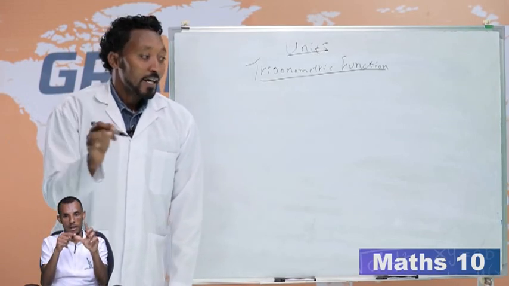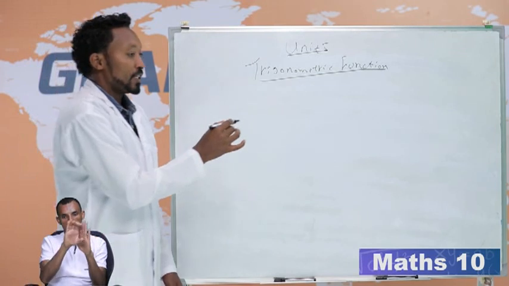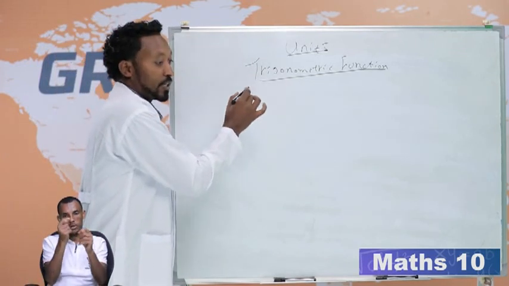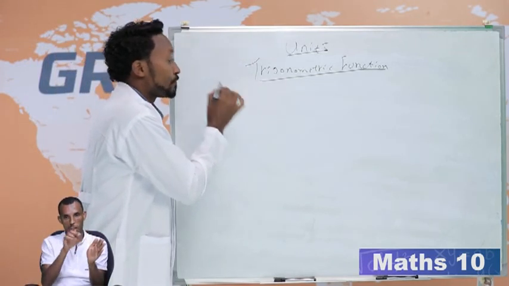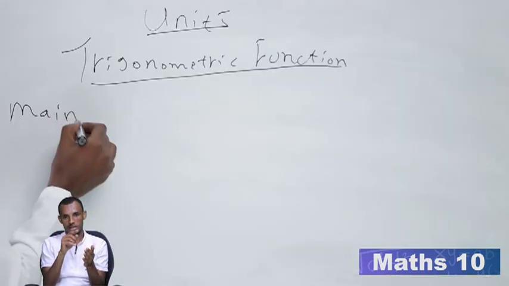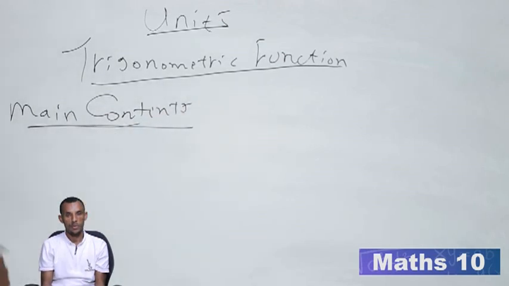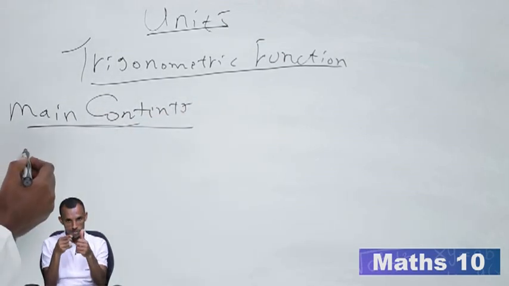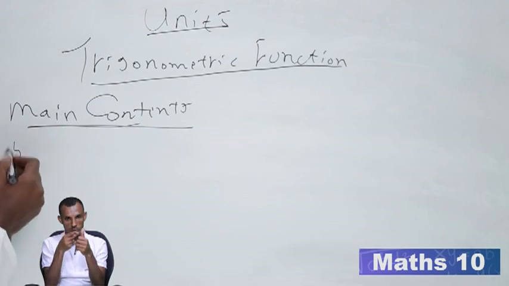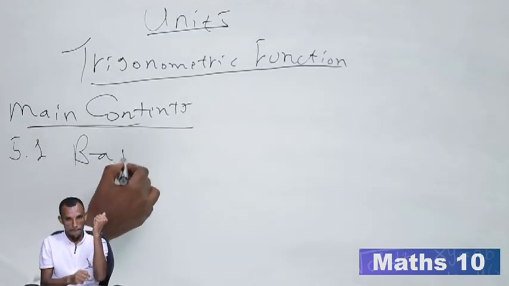That means there are four main contents related to trigonometry. In this chapter, there are four main contents. The first one, 5.1, basic trigonometric function.